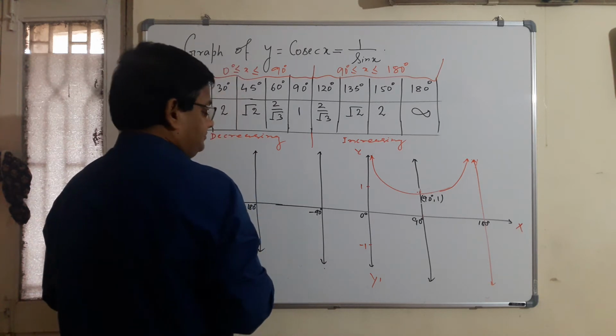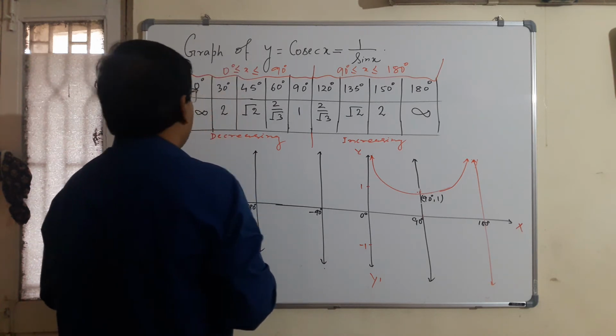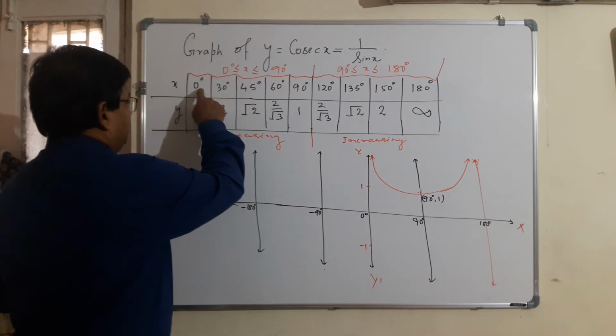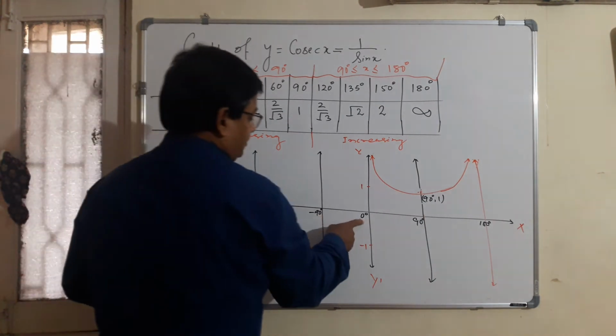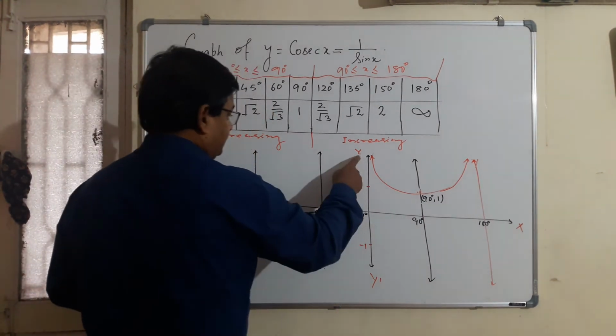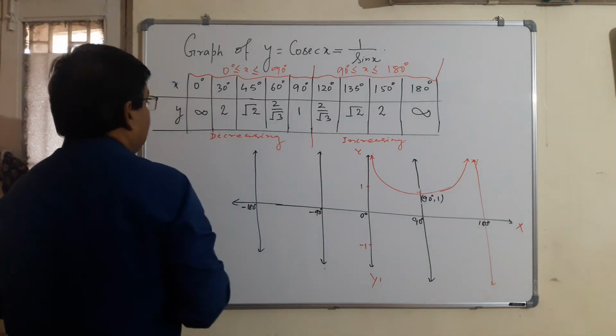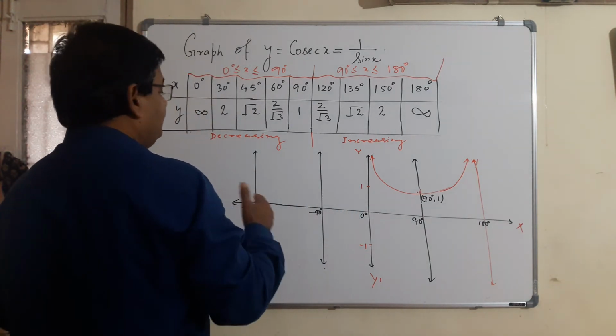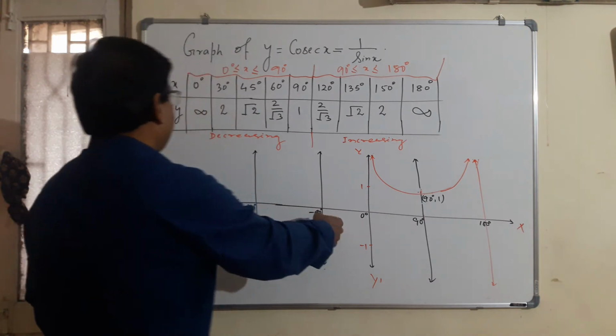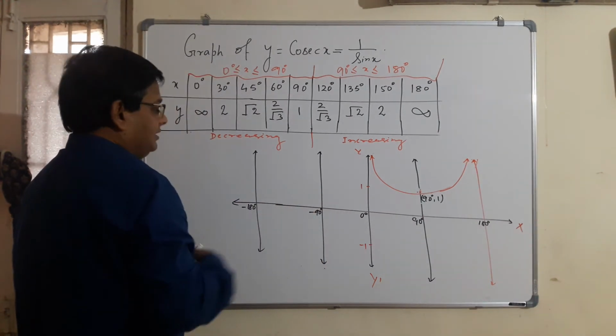So when 0 degree, the value is infinity. Now come to the fourth quadrant, where the angle is negative.